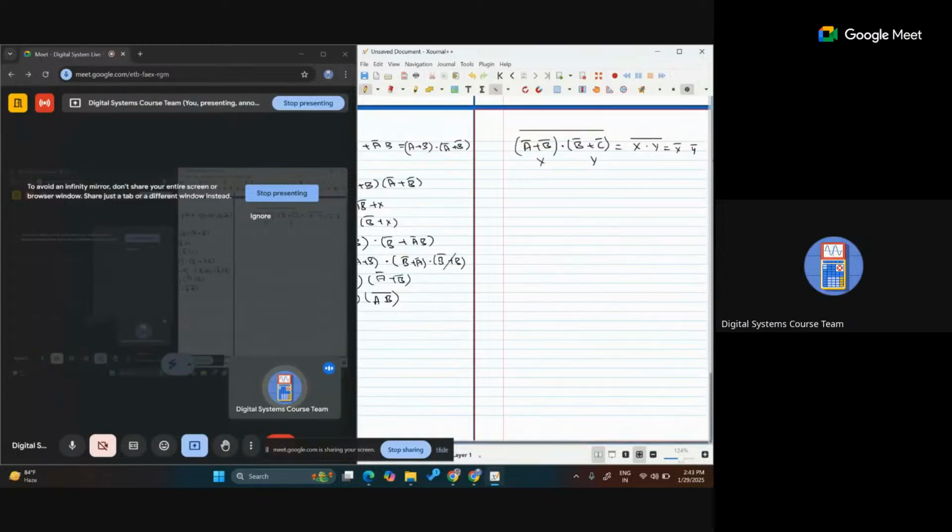So what is X? It is A bar plus B bar. Now, X bar, if I want to write in the form of X bar, I put the whole bar. What is Y? B bar plus C bar. Okay, what is this equal to?